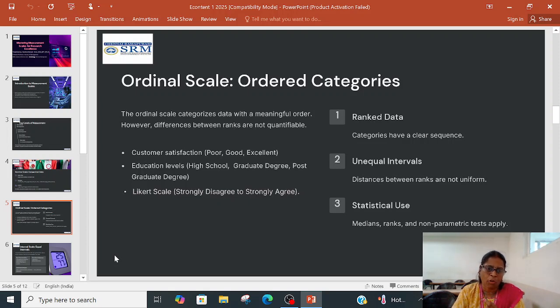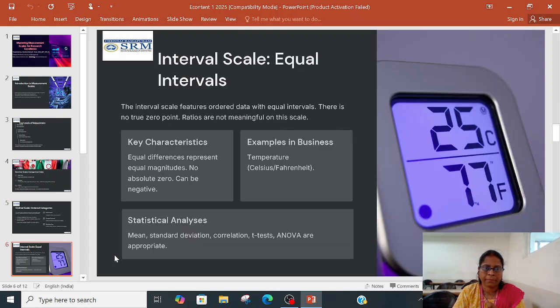Likert scale means from strongly disagree to disagree, to strongly agree, from like to dislike. So, ordinal scale is ranking the data. Distances between ranks are not uniform. That is, unequal intervals will be there. For statistical use, medians can be used, ranks can be used, and non-parametric tests can be applied.